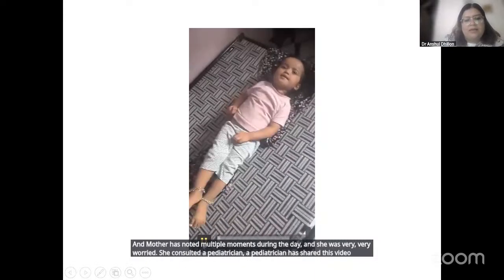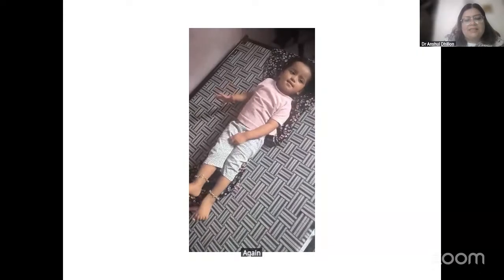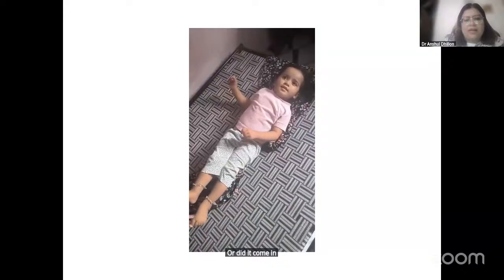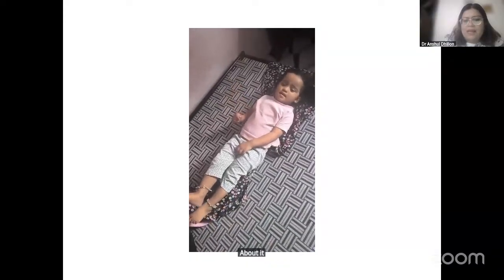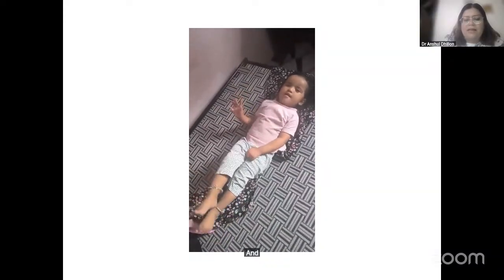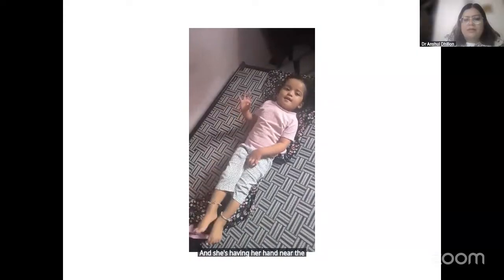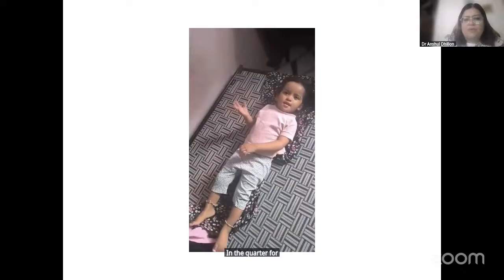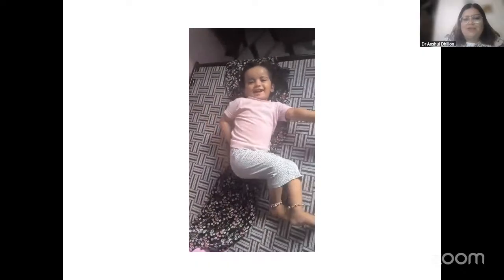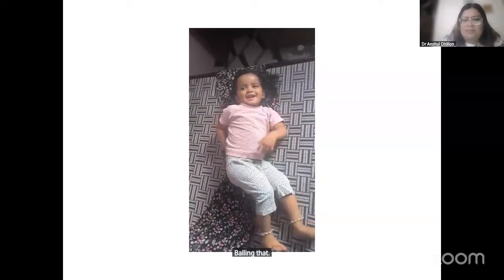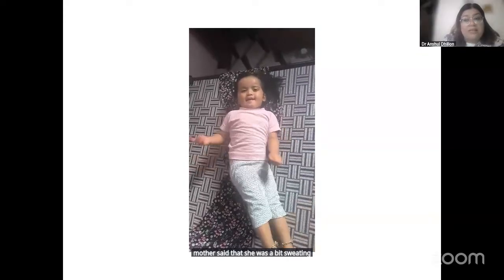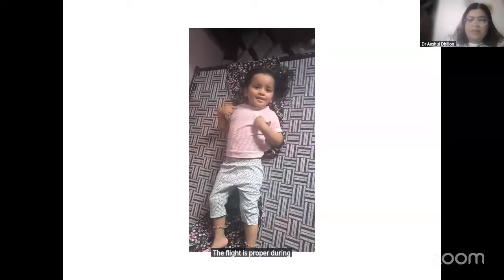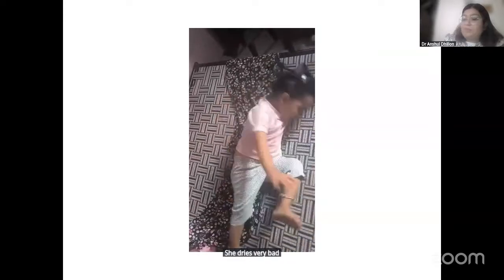See, again both of the legs are very tonic, adducted, and she has her hand near the inner part of her thigh near her genitals, and one hand is following that. Mother said that she was a bit sweaty, and she cries very badly when she tries to stop her during these movements. So what are these movements?